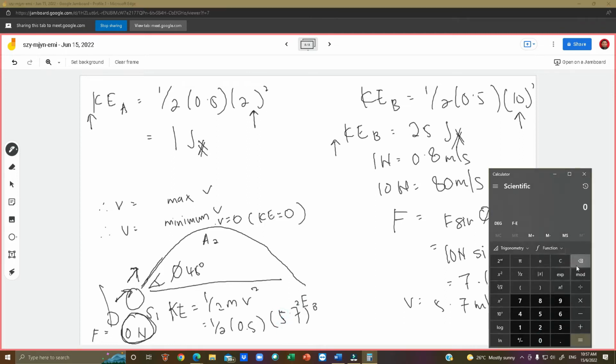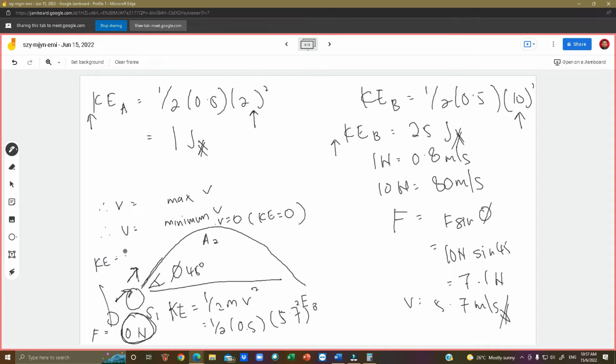So 5.7 squared times 0.5 times 0.5. 8.1225. Okay, kinetic energy dekat sini equals to 8.1225 joules. Kinetic dekat atas ni kosong.